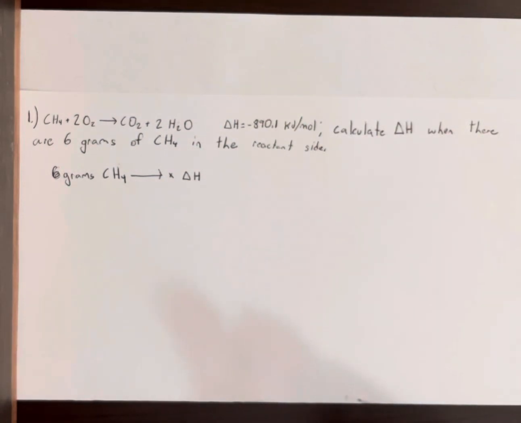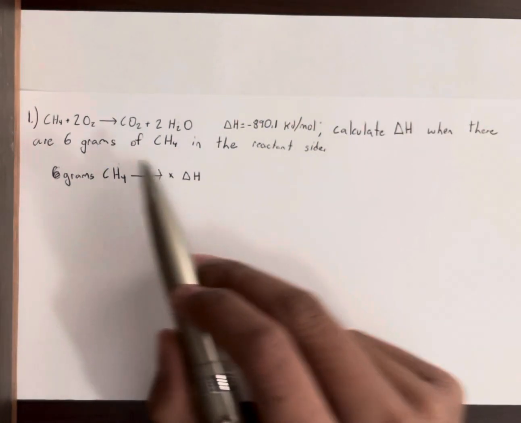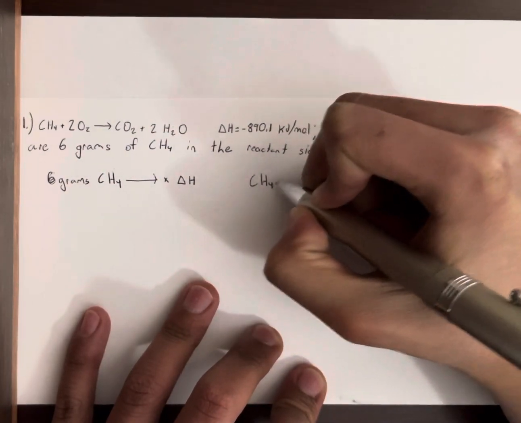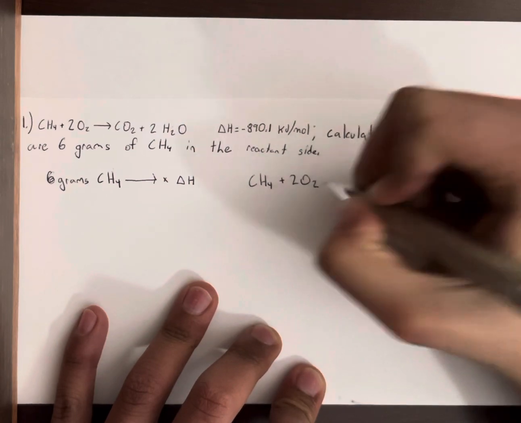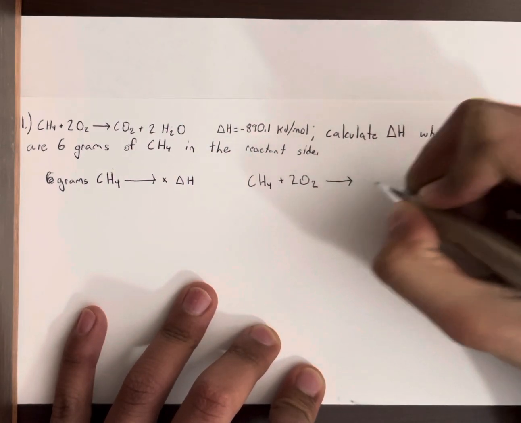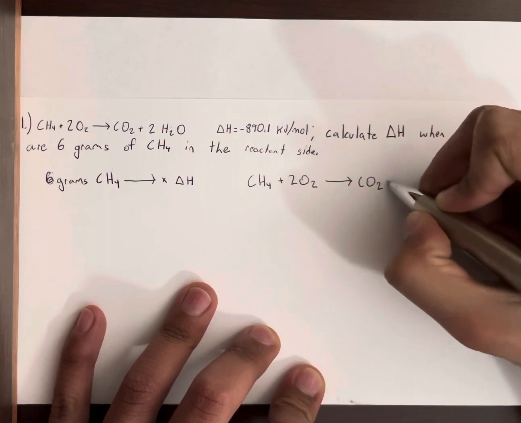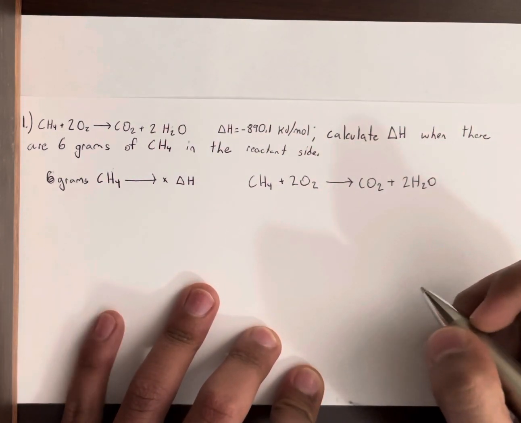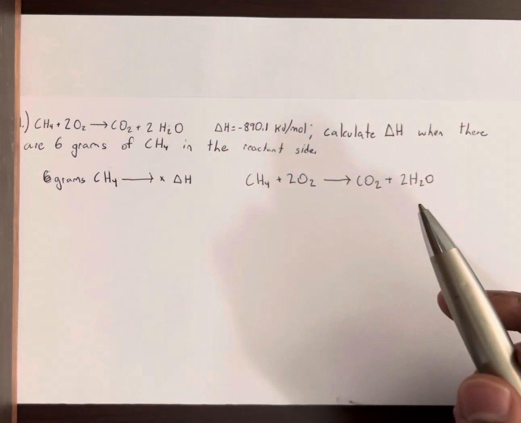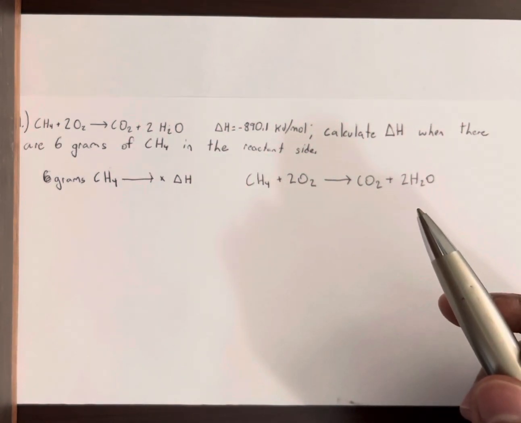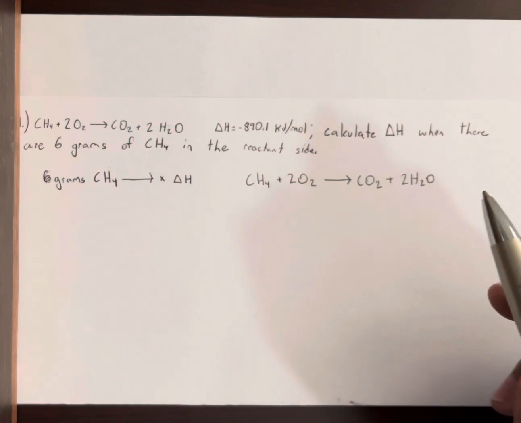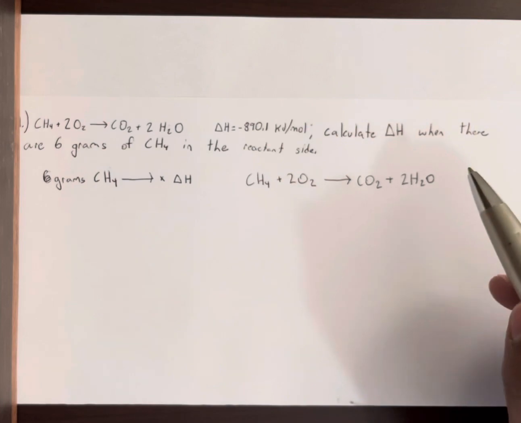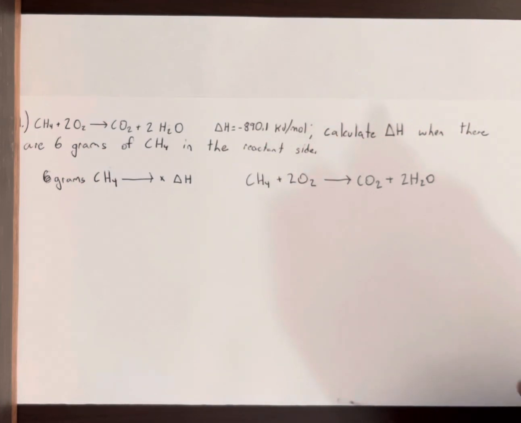So the first thing we have to do is get the equation set up. So it'll be CH4 plus 2O2 makes CO2 plus 2H2O, and we will also have to add in the delta H, which if in the reactant side, it'll be positive, and if delta H is negative, it'll be in the product side.